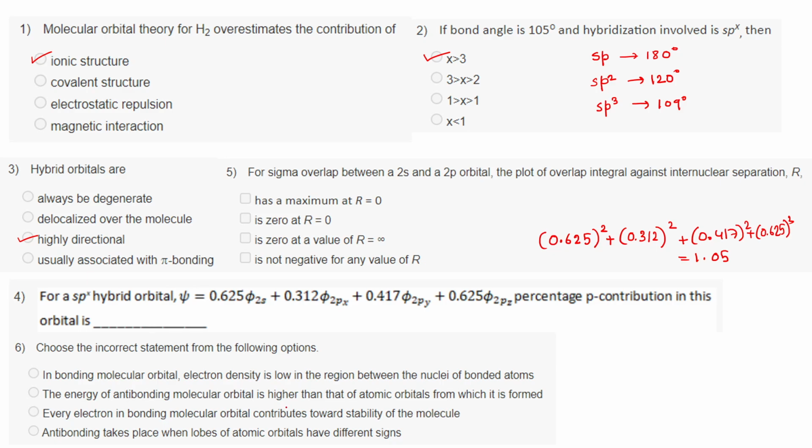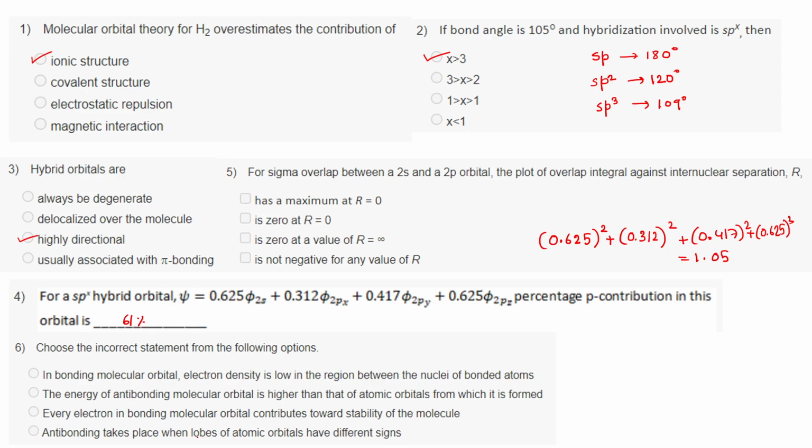Actually, the S character here is 40%, and the P character is going to be 61. S character is, sorry, 39%. 0.625 square, right?